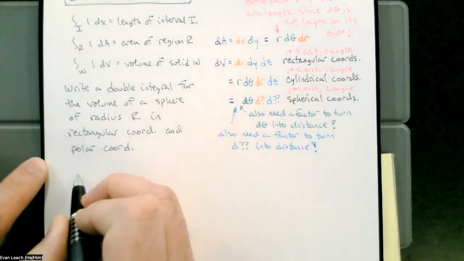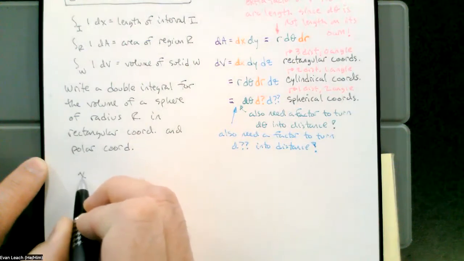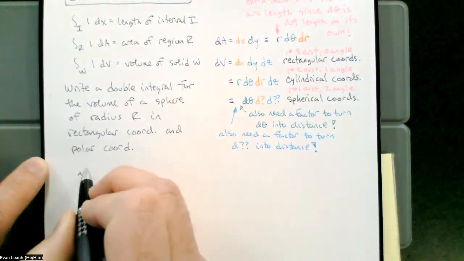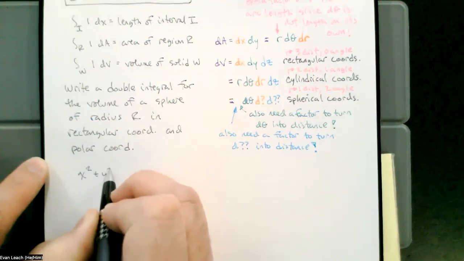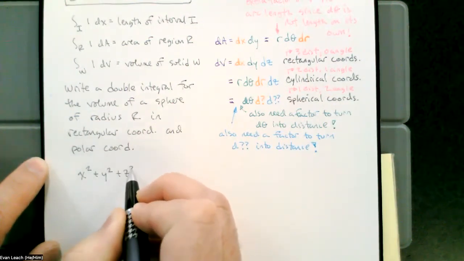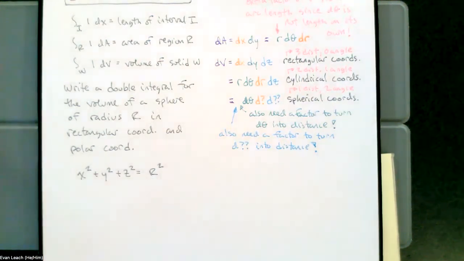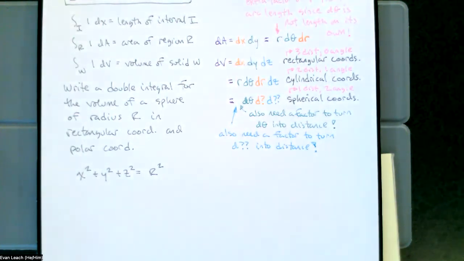In rectangular coordinates, x squared. Oh, we're just going to put this at the origin. I don't want to have to move it. In rectangular coordinates, here's the equation for the volume of a sphere.